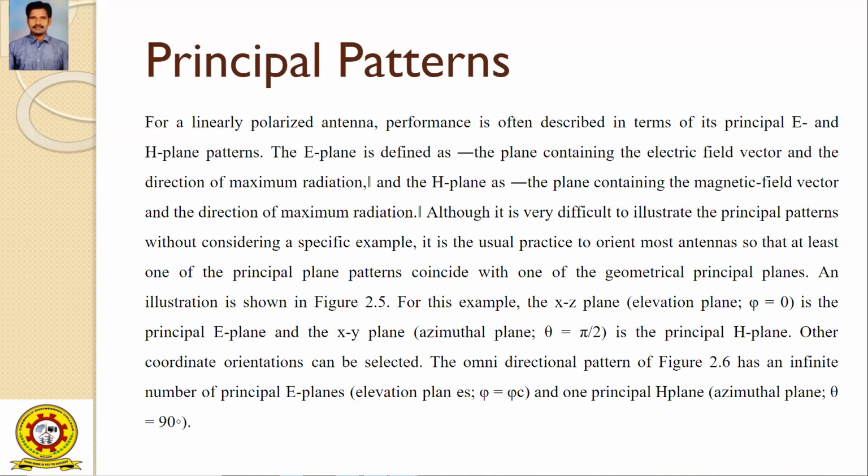So E plane is elevation with phi 0, H plane is azimuthal with theta equal to 90. So what is the omni?